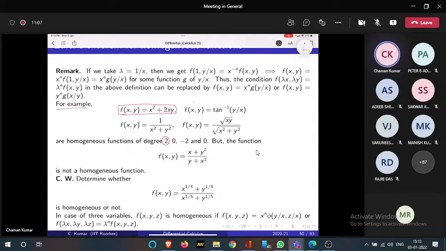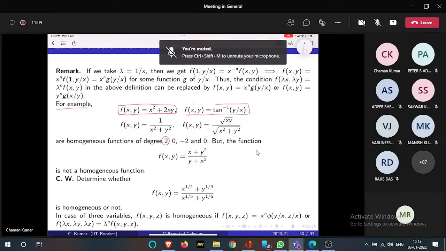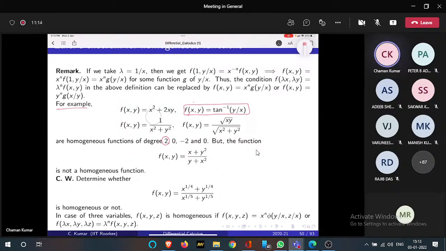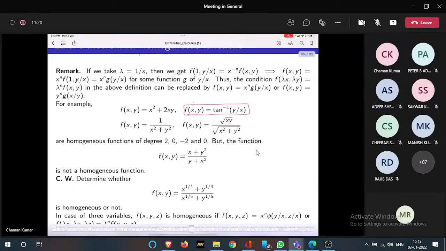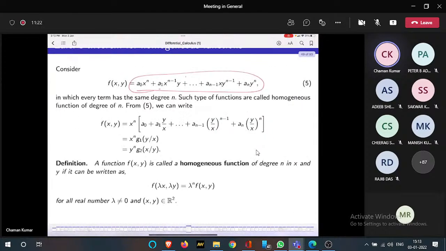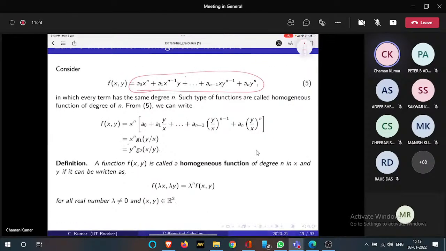Now the second function, you can check, is also a homogeneous function of degree 0. You can use this form here.